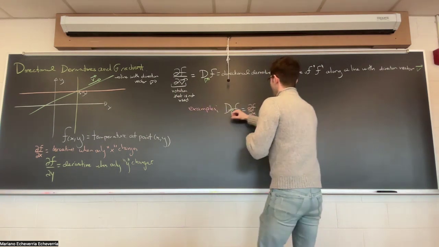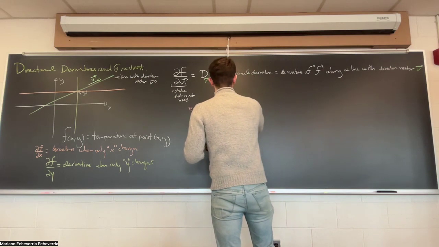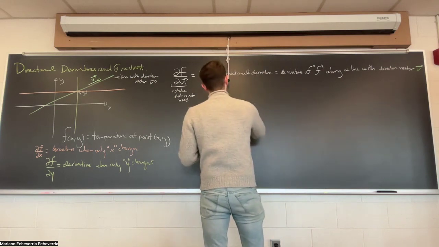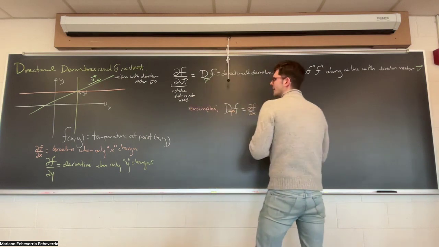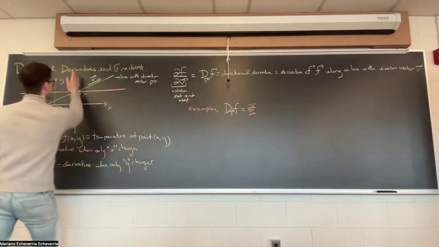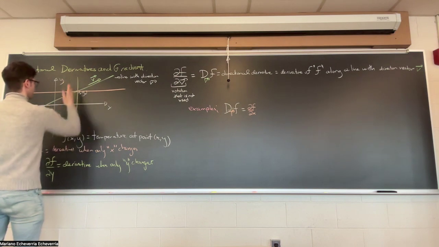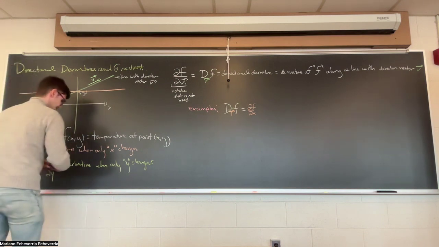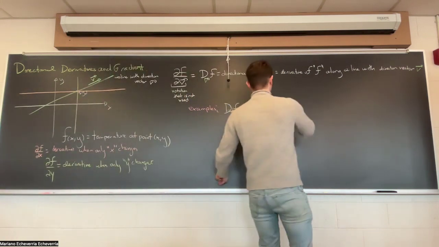Let me put this in orange just to match that color. And likewise, if I take the vector j, the directional derivative along the vector j is how much the function is changing when you move in the direction of the vector j, which is parallel to the y-axis.